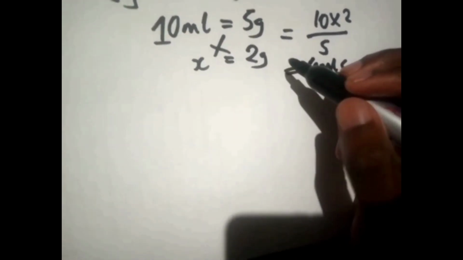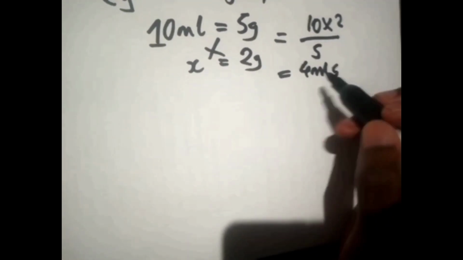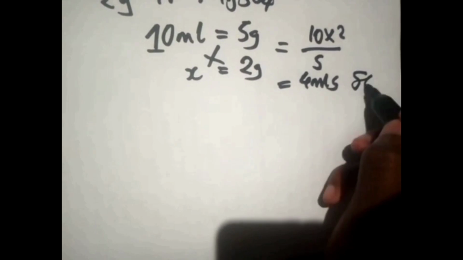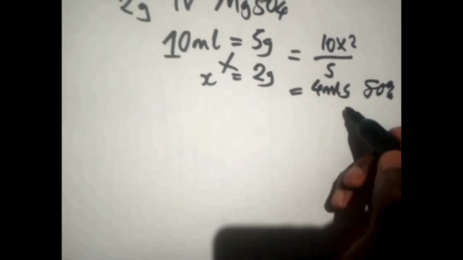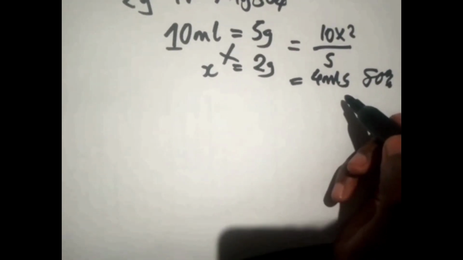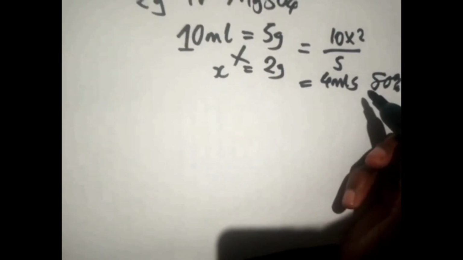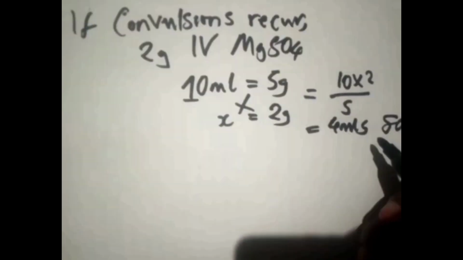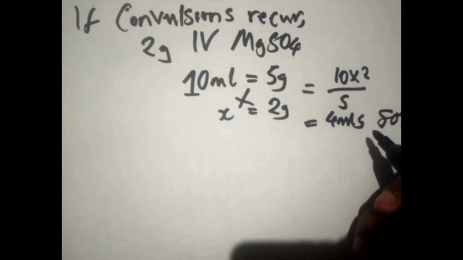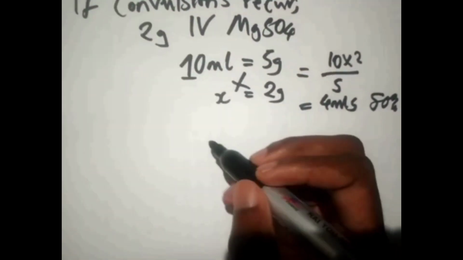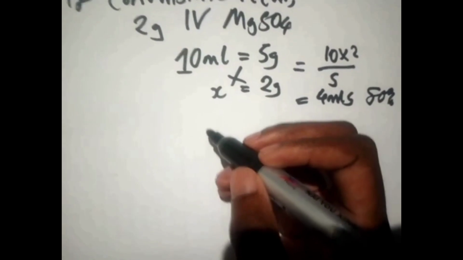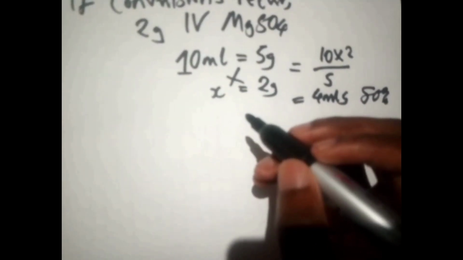Now the 4 mils is still 50%. So how do I change it from 50% to 20%? Since, like I said, we're giving it IV, so this happens if seizures recur. So since we are giving it IV, we are going to use the conversion rate. Remember what we said?